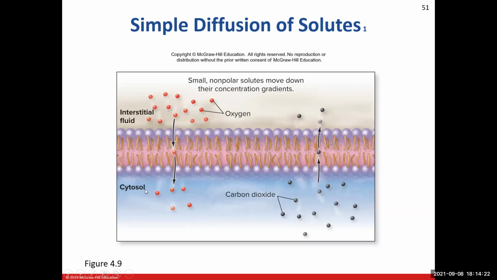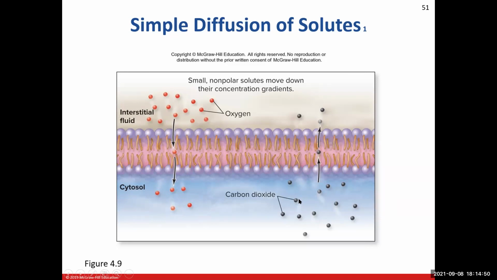On the inside of the cell, in the cytosol, that's the intracellular fluid, we have a couple molecules of oxygen. But you'll notice there's more on the outside than there are on the inside. So oxygen goes from an area of higher concentration to lower concentration, and it moves right through the phospholipid membrane there. And then vice versa, you'll notice all these carbon dioxide molecules here on the inside of our cell and a couple on the outside.